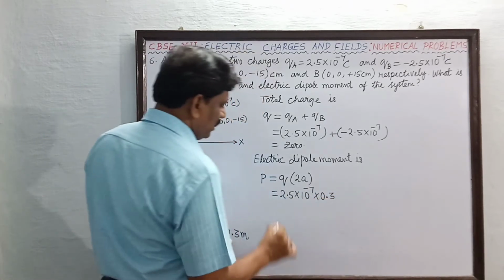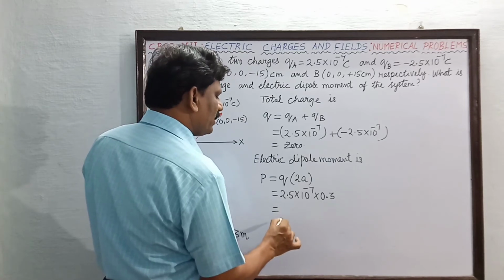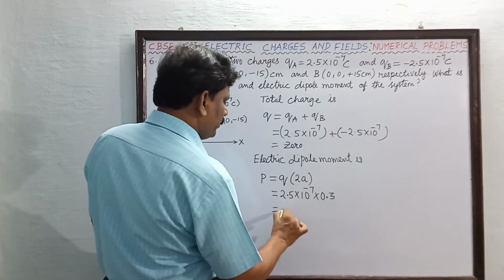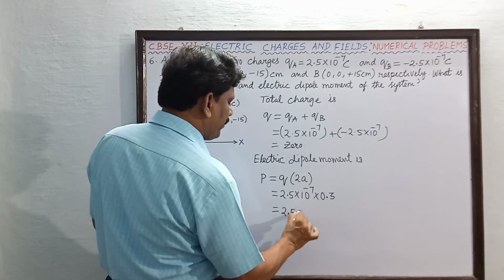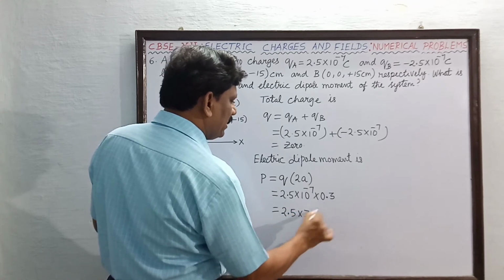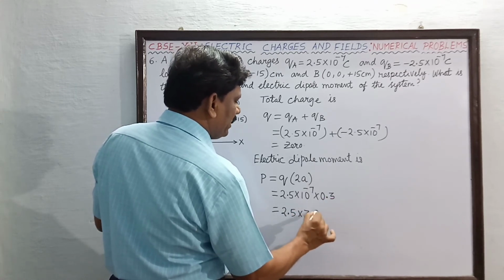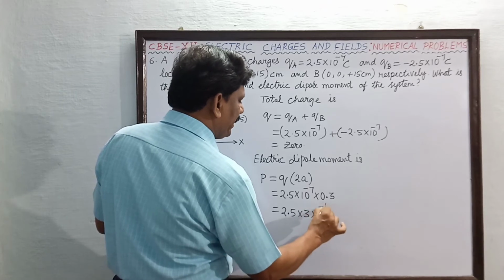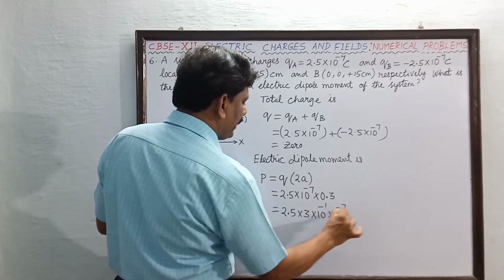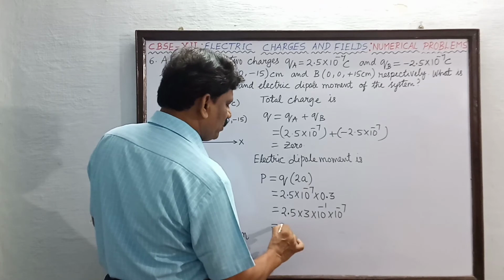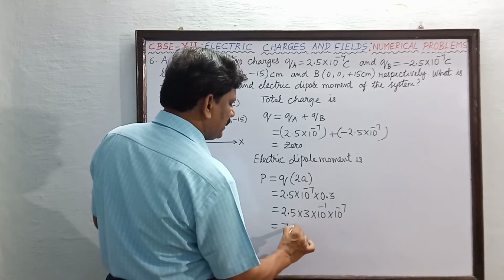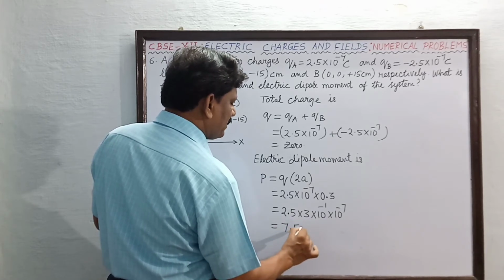So this is 2.5 multiplied by 0.3, and 0.3 can be written as 3 into 10 power minus 1, into 10 power minus 7. So 2.5 into 3 is how much? It is 7.5. Is it not?